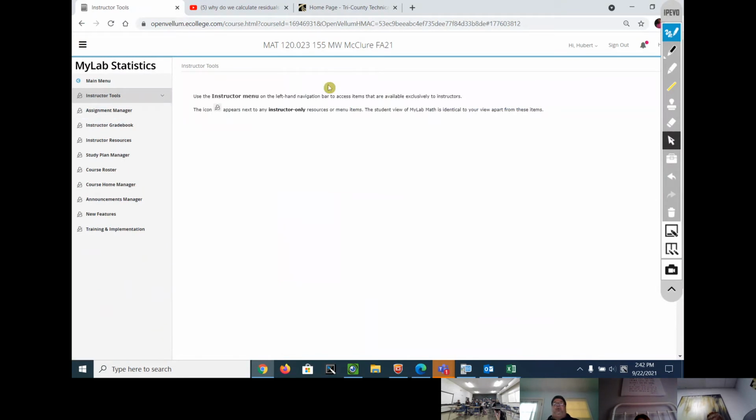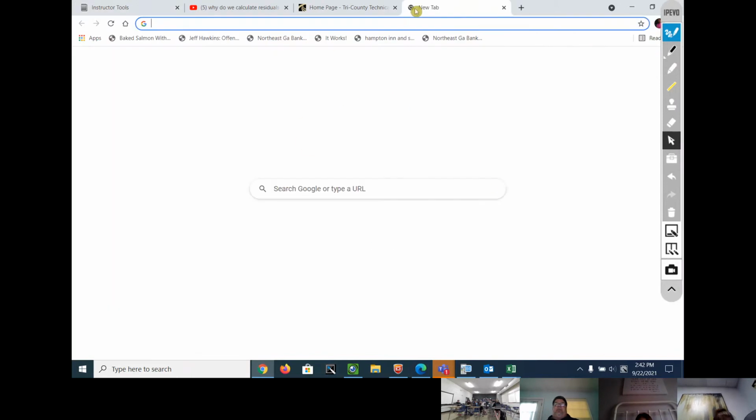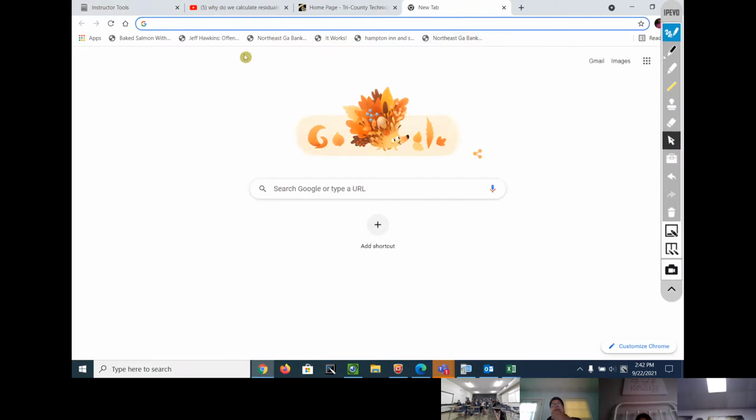A sample space is the number of outcomes that can happen. Write that down. A sample space: number of outcomes that can happen. I'm going to give you 4 examples of the number of outcomes that can happen.